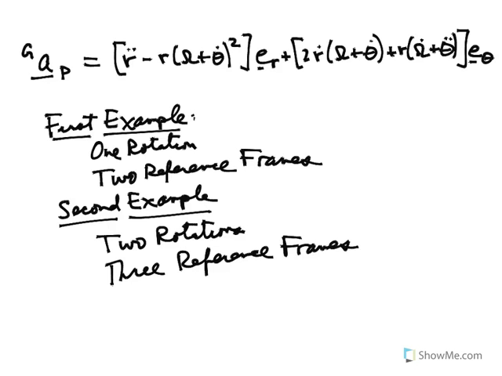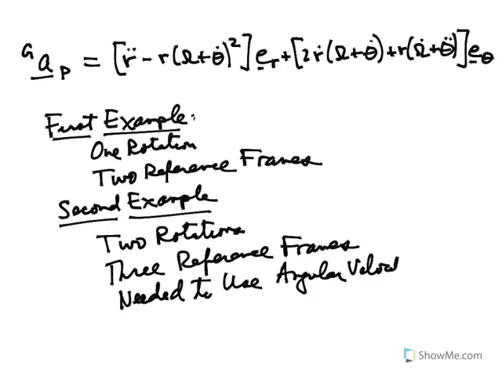And in order to be able to do the second problem, we needed to use angular velocity addition in order to compute the angular velocity of the last frame, which is rotating relative to the second frame, which in turn was rotating relative to the first frame.